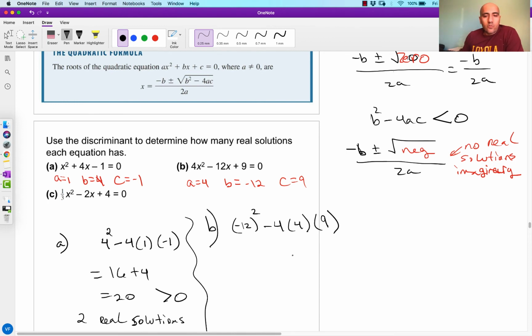Oh, and we already worked with this one. This is going to be 144 minus 4 times 4 is 16. 16 times 9 is 144. So we get a 0. So there's going to be one real solution.